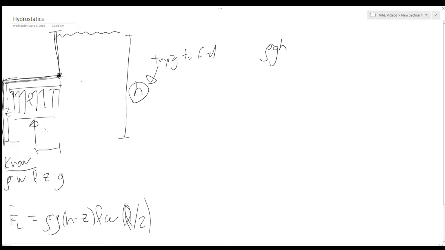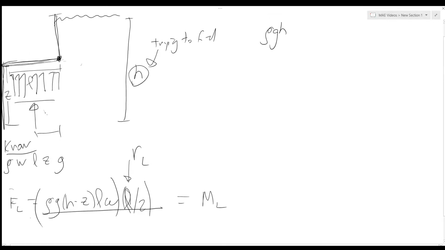So this is force F_L, and this is R_L, and that equals the moment caused by the left side.